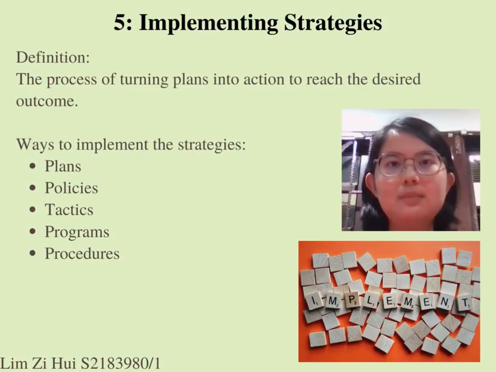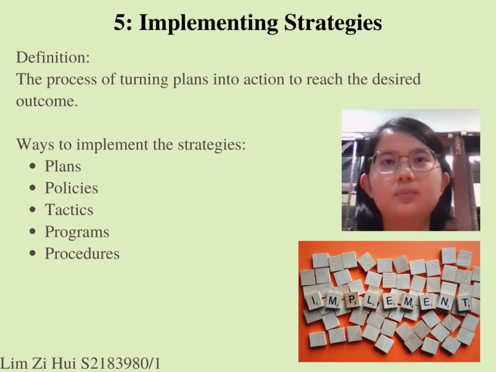Step 5. Implementing strategies. The implementation of strategies is the process of turning plans into actions to reach its desired outcome. For example, they can develop new plans, creating new policies and tactics, and providing training programs to the workers, and creating standard operating procedures for them to follow.